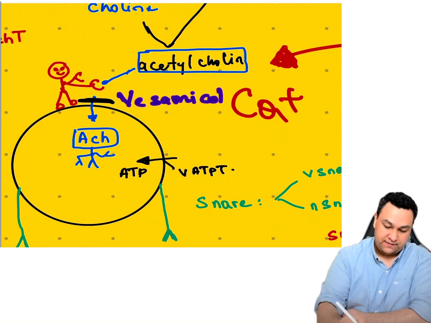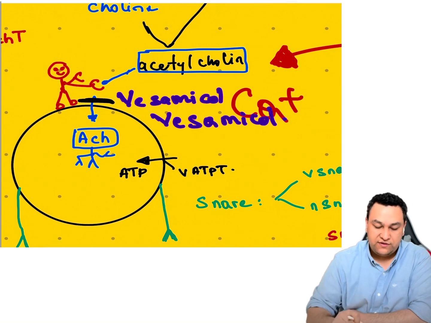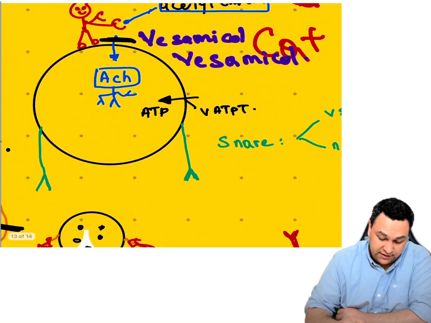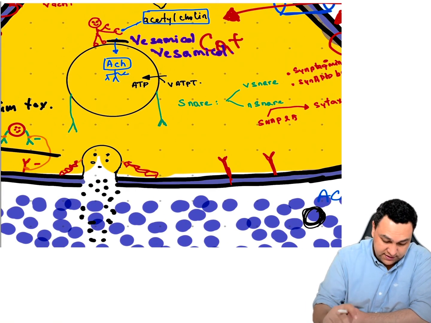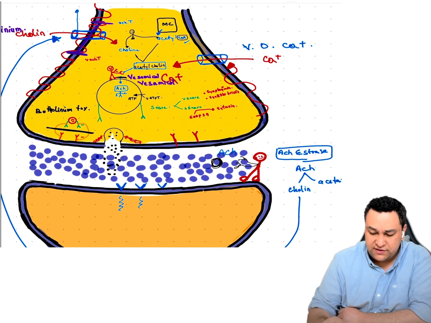Vesamicol, let me write it more understandably. So Vesamicol is going to inhibit the acetylcholine transporter, which is located on the vesicular membrane. Now, which other kind of blockers can we discuss? We'll go into detail on acetylcholinesterase inhibitors later on.